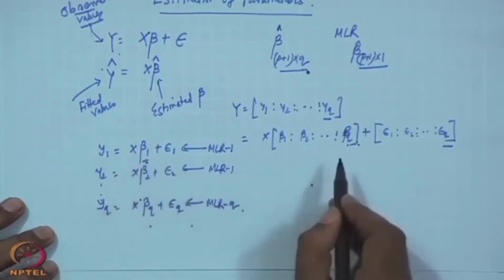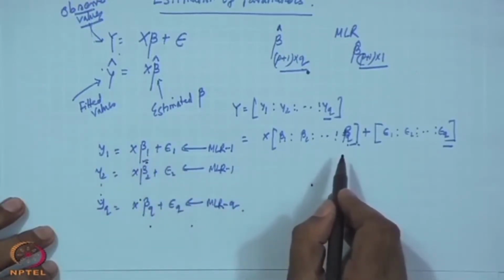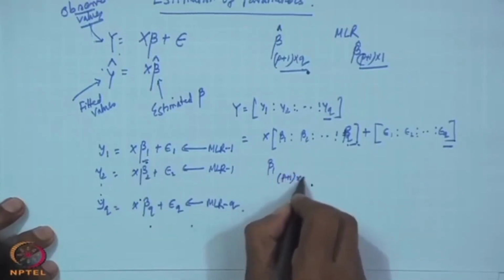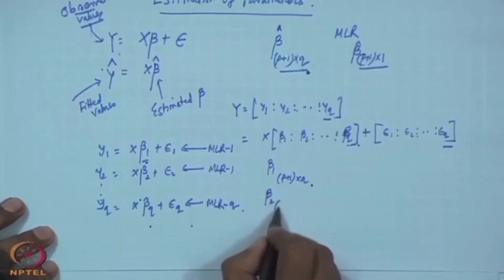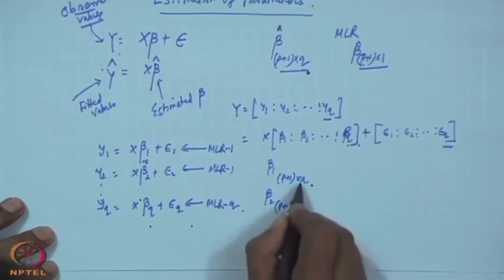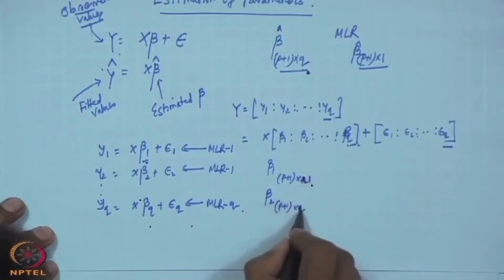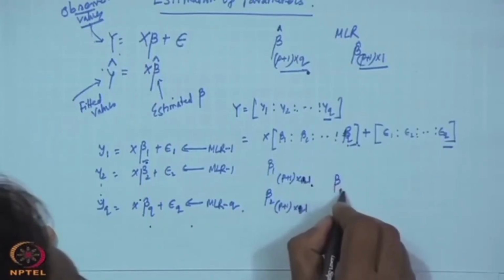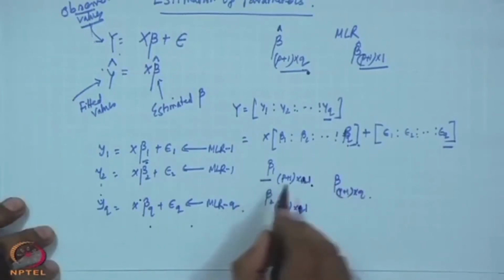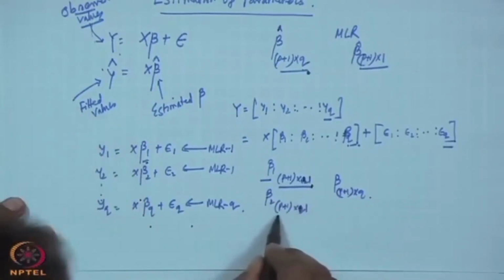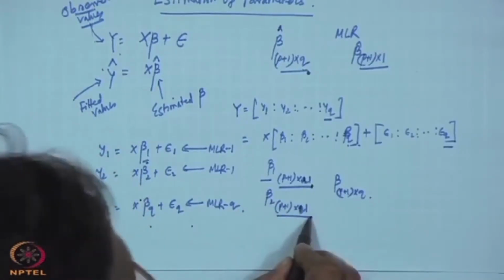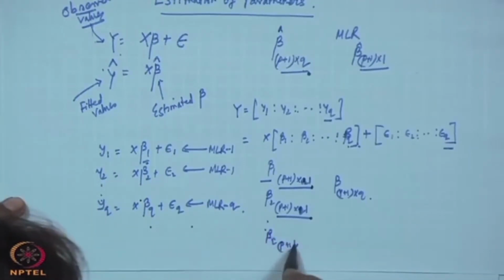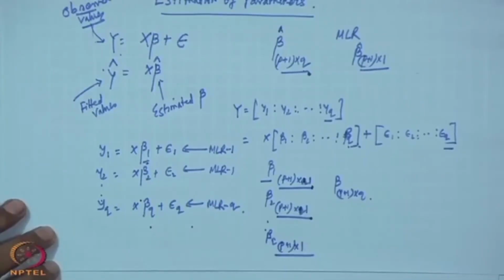Please remember, beta in a nutshell is p plus 1 cross q, but beta 1 is a p plus 1 cross 1 vector, beta 2 is p plus 1 cross 1, like this, beta q also is a p plus 1 cross 1 vector.